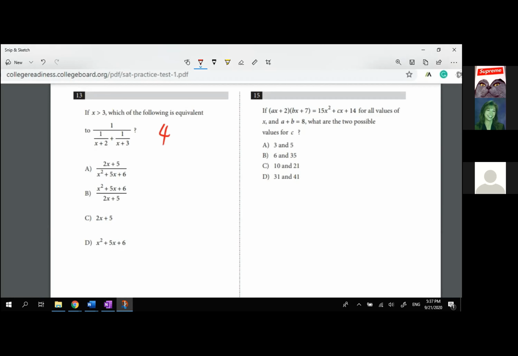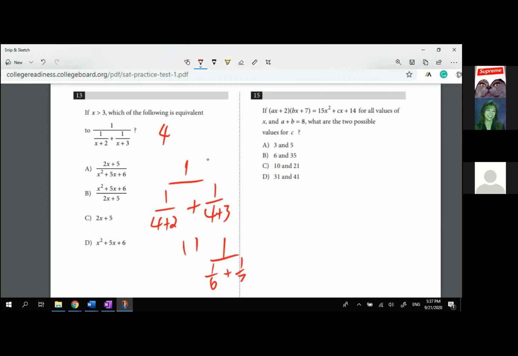So I started plugging and playing. What I did was I put 4 into this equation. So 1 over 4 plus 2 plus 1 over 4 plus 3. So that turns out to be 1 over 6 plus 1 over 7.